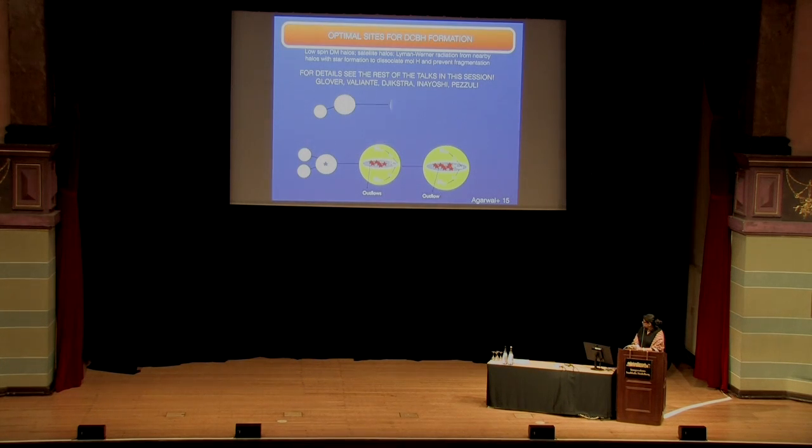There's been a lot of progress. The interesting thing that we find is that in order to form direct collapse black holes, you need an external source of radiation that pumps out Lyman-Werner photons that will dissociate any molecular hydrogen that is forming, which will then prevent fragmentation. So the whole idea is to prevent fragmentation.